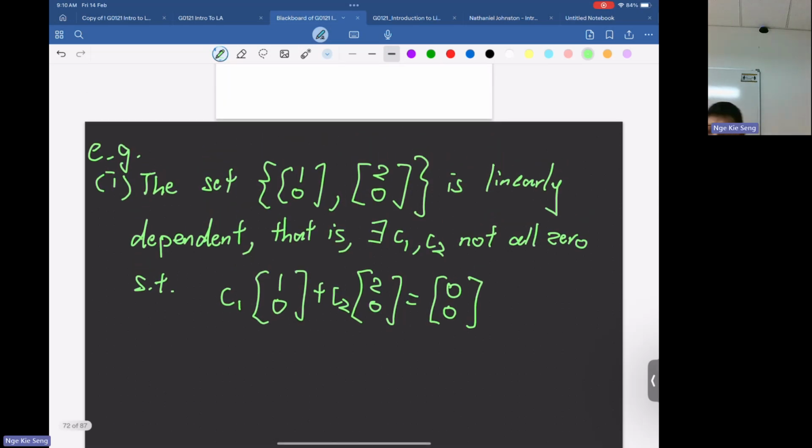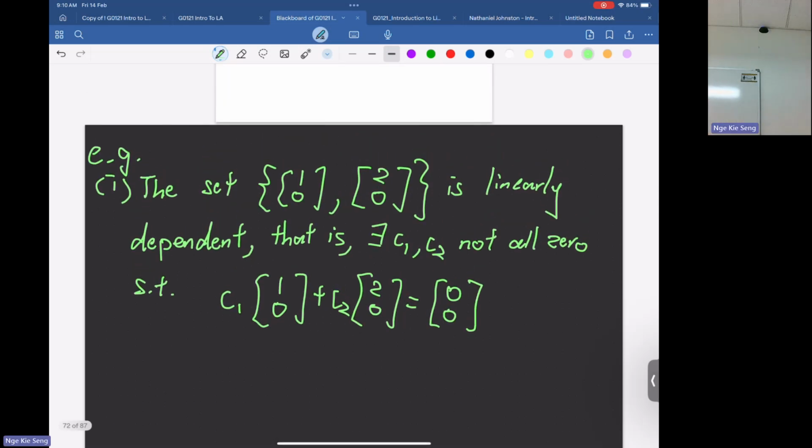Can you find c_1, c_2 such that when you add these two vectors up, you get 0? Can you find it? Try. What c_1 and c_2 can you pick, other than 0, to make this equation hold?